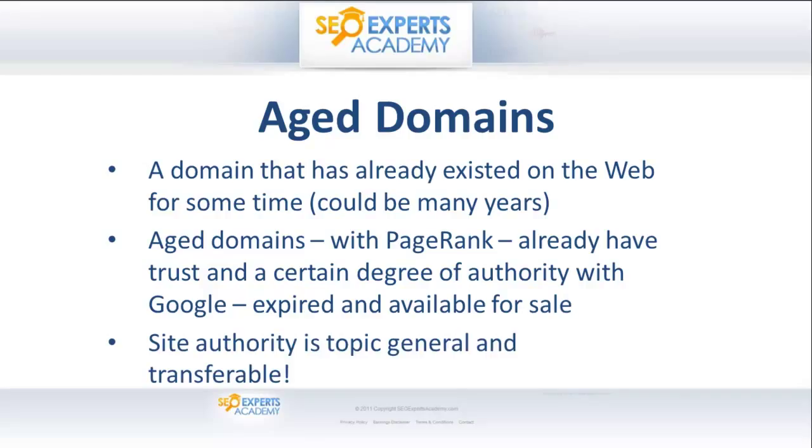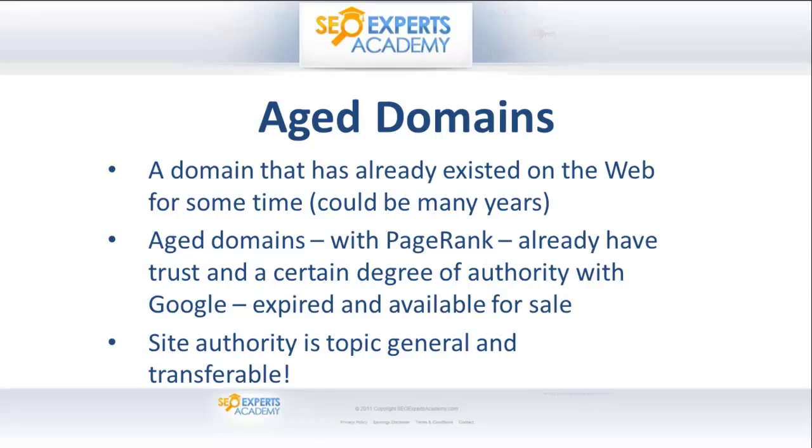Now, central to the usability of aged domains, especially on some of the methods I'm going to go into in other videos, is that authority on these aged domains is kind of topic general and transferable. And this is a really important concept to understand.